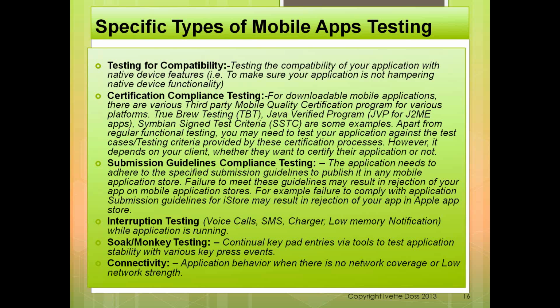We also consider heavy use and connectivity: application behavior when there's no network coverage or a low network. It's a part of mobile testing in general, because remember I told you last time, part of mobile testing is network stack protocol testing.